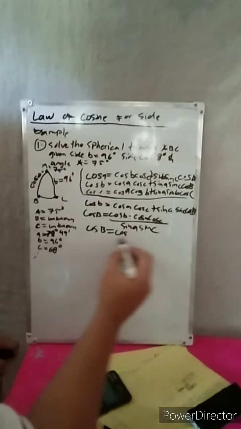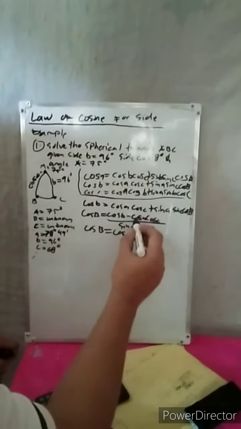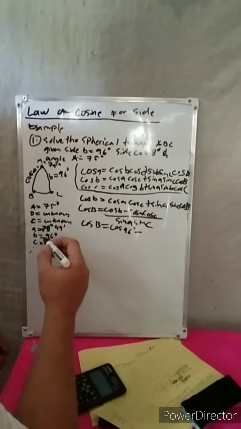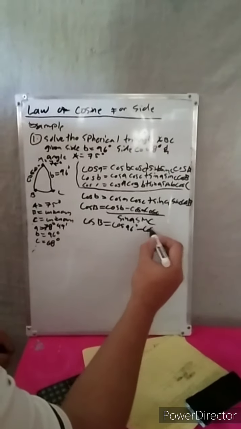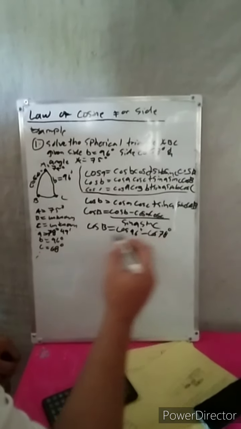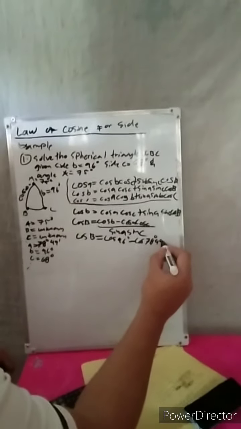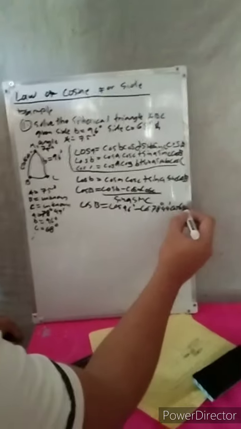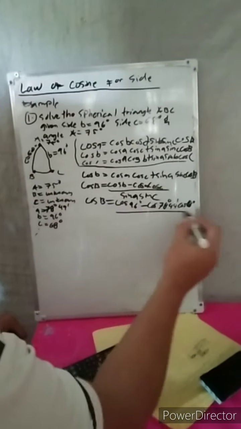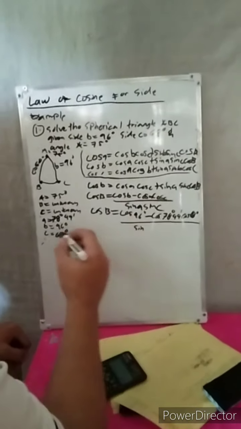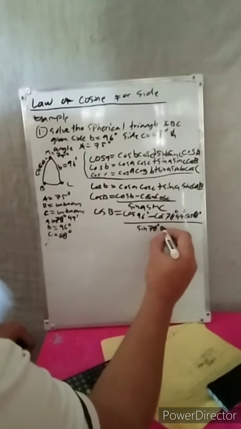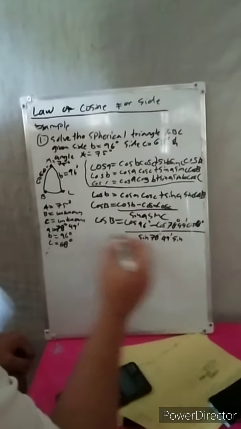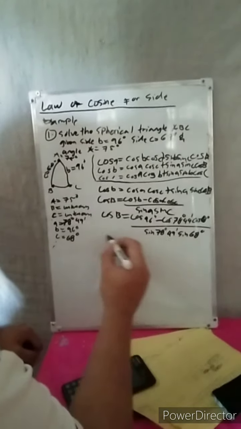Cosine B, we have 96 degrees minus cosine A, which is 78 degrees and 49 minutes, and cosine C, 68 degrees, divided by sine A, 78 degrees and 49 minutes, sine C, 68 degrees.